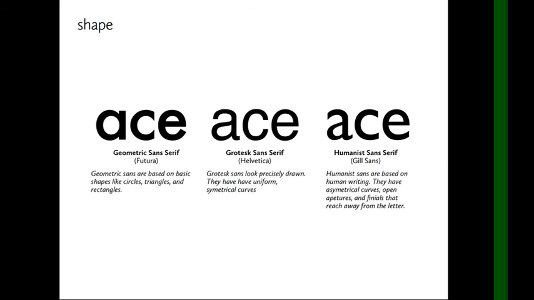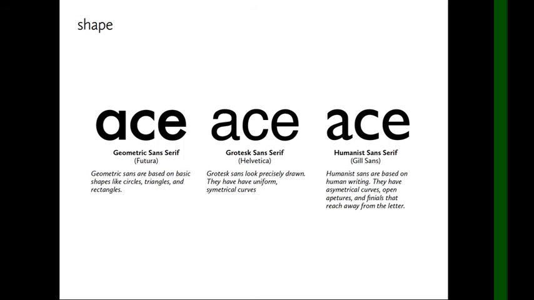It's based on circles, rectangles, and triangles. Our grotesque in the middle, our example here is Helvetica. A grotesque typeface looks very precisely drawn, and it has uniform symmetrical curves. The curves tend to be the same from the left and the right hand side of the letter.